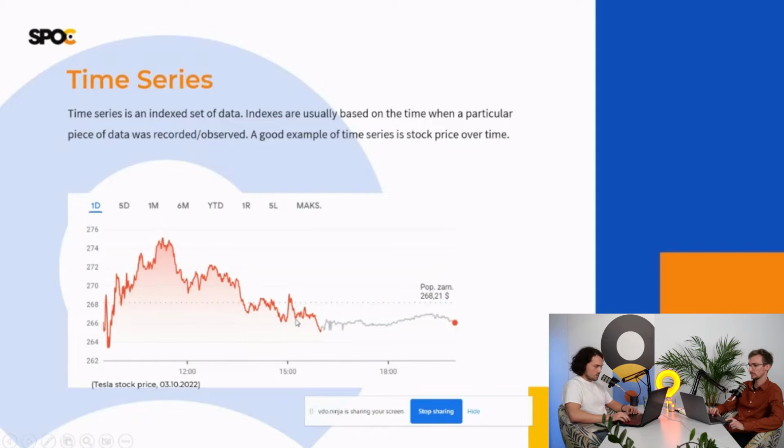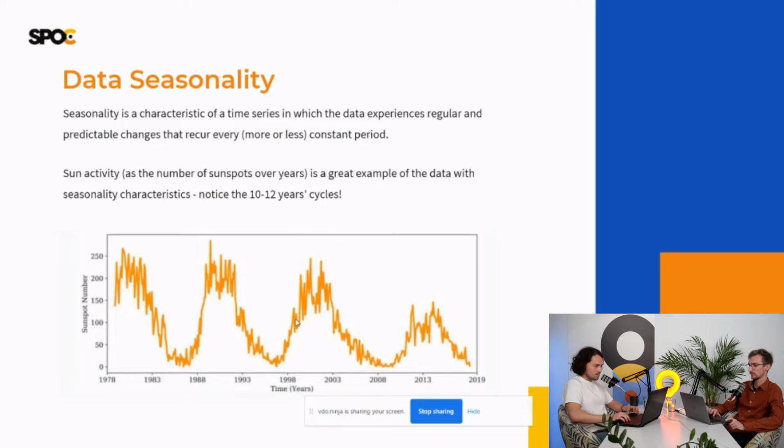So that was the time series. And data seasonality, again, you need to have some time series to talk about data seasonality. Seasonality is like a characteristic of your data when you can say that there is some periodicity inside of your data. Usually when we talk about seasonality, we can think of a behavior across 1 year, as 1 year is a quite commonly used interval in our life.